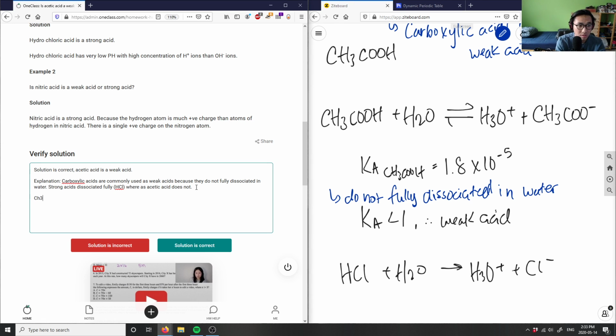And then you can write here CH3COOH plus H2O reacts to form H3O plus and CH3COO minus. So the solution here is correct.